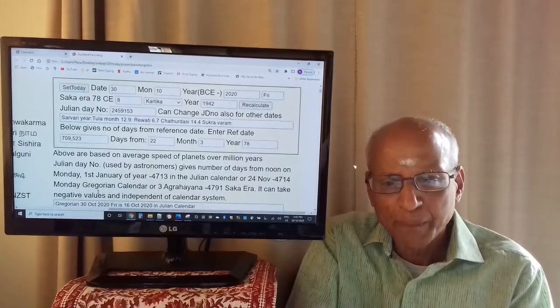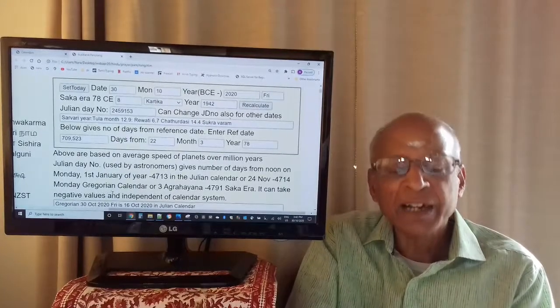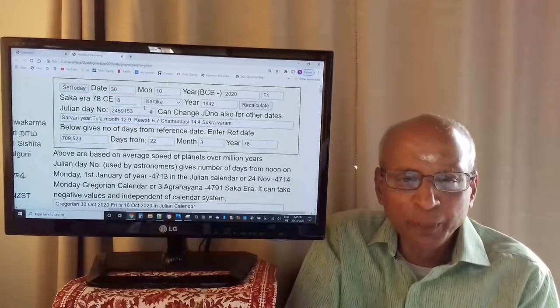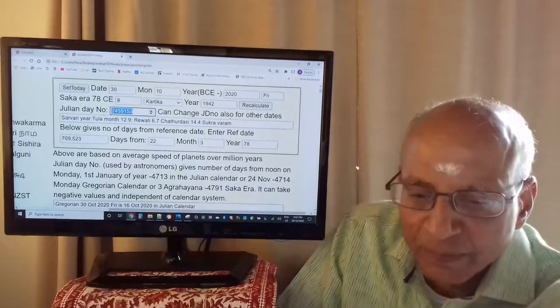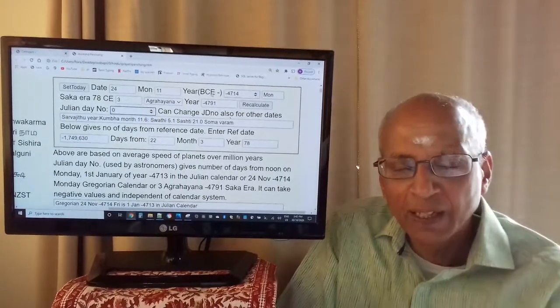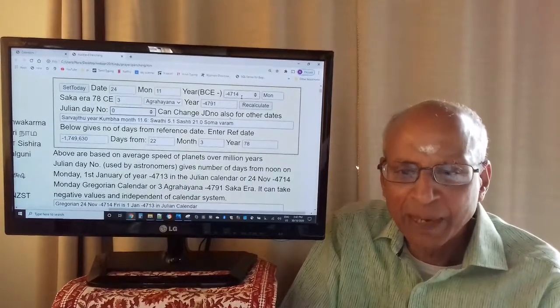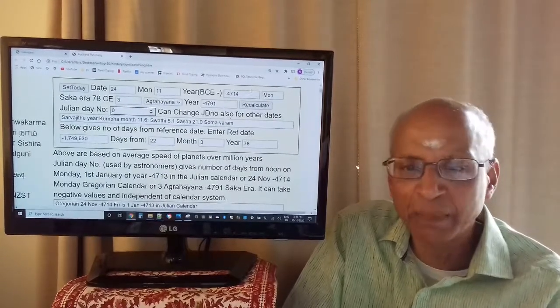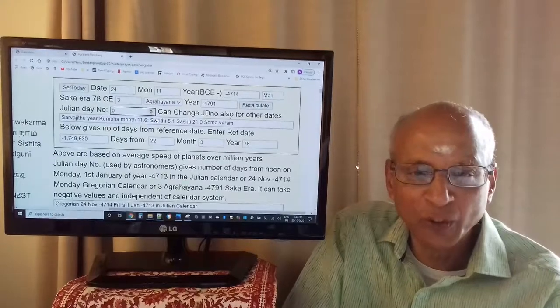And all are sequence numbers of days. If you put day 0, that is minus 4714 November 24 by the Gregorian calendar, Monday. That is day 0.